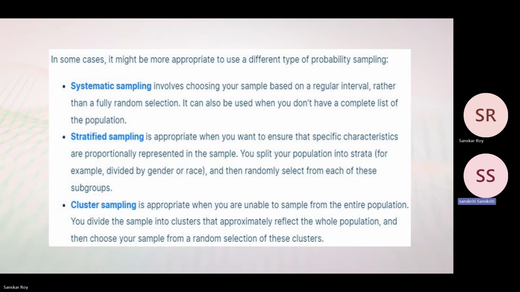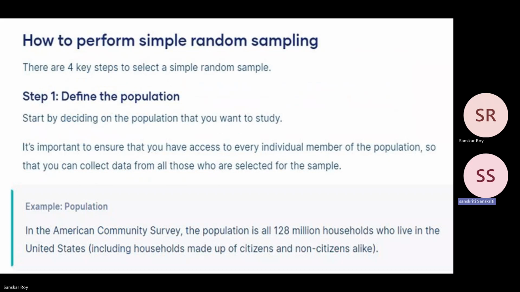Cluster sampling is appropriate when you are unable to sample from the entire population. You divide the population into clusters that approximately reflect the whole population and then choose your sample from a random selection of these clusters.